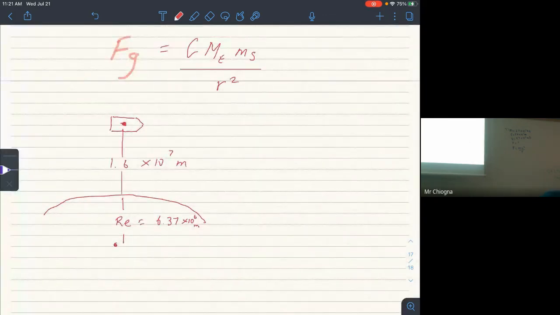You have to add them together. This is the height. So what does this R equal? You have to add the two distances. Add the radius of the Earth to the height.